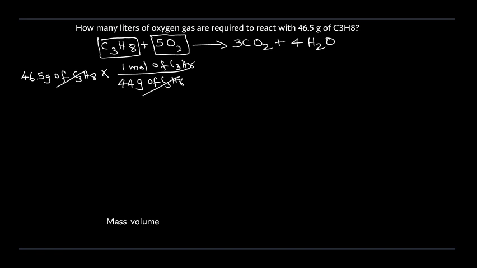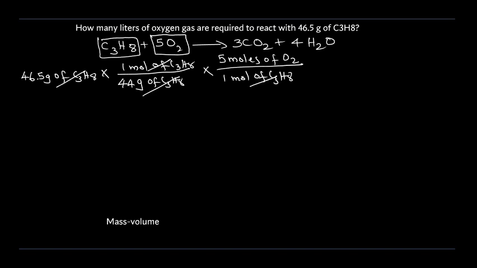And now I can connect the moles of propane with our equation. So 1 mole of propane, the mole ratio is, that corresponds to 5 moles of oxygen from the balanced chemical equation. So I can cancel moles of propane and moles of propane.